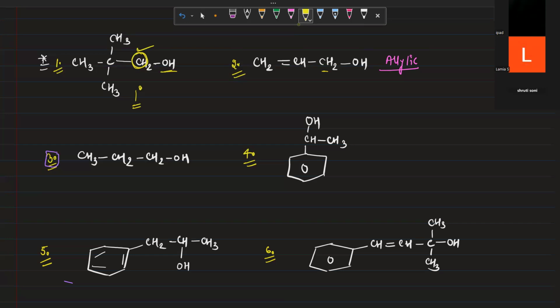So what is the degree of alcohol in this case? Degree of alcohol means we need to check the carbon attached to the OH group. Now we need to identify the degree for this carbon. What is the degree for this carbon? I think it would be primary. Yeah. Okay.